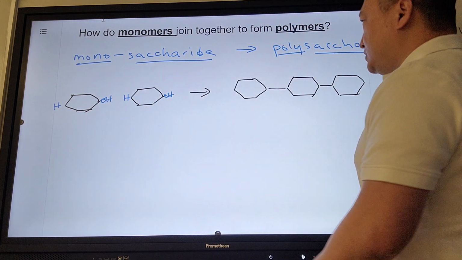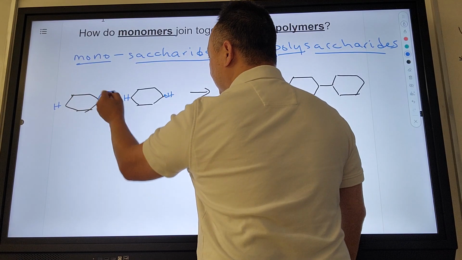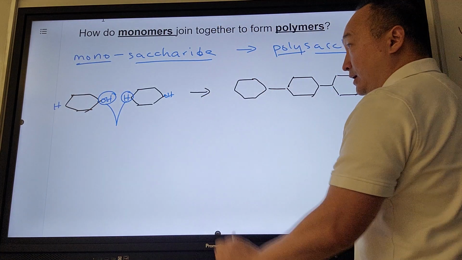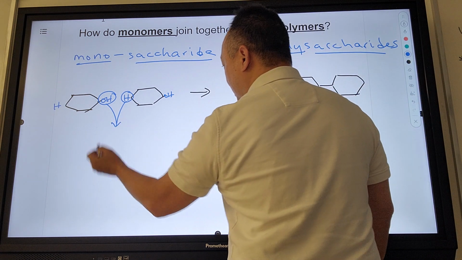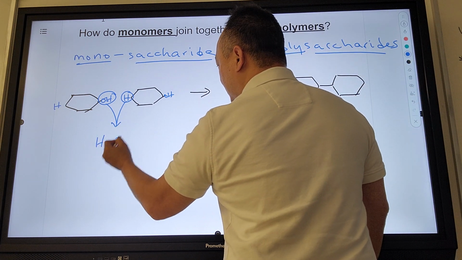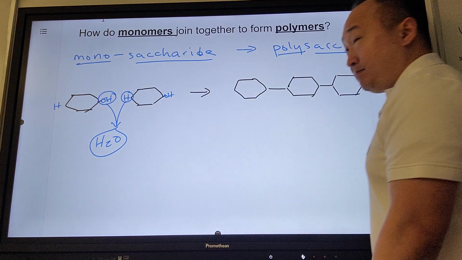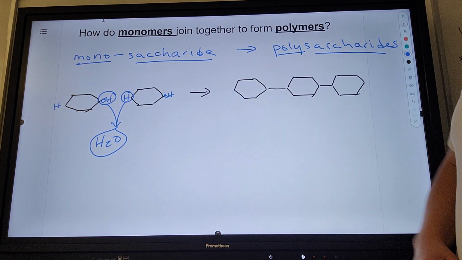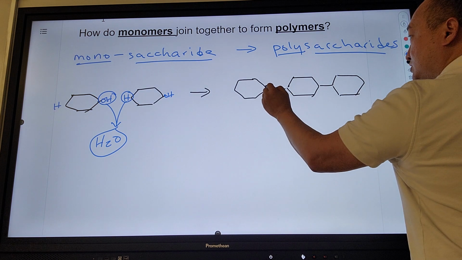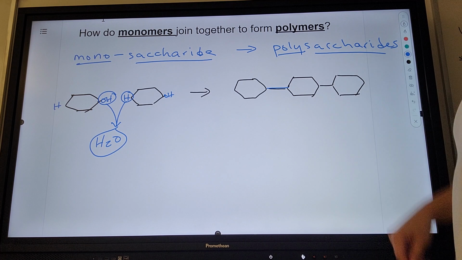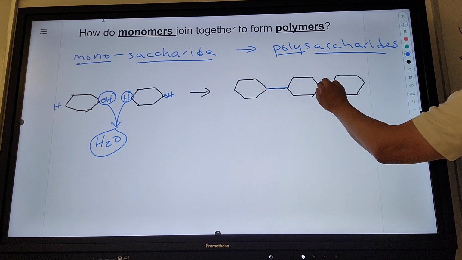So what we need to do is remove an OH from one of the monomers and an H from another monomer, and that's going to lead to a water molecule forming. All right, water is going to be removed, and in its place will be a bond, a covalent bond that links the 2 monomers together.